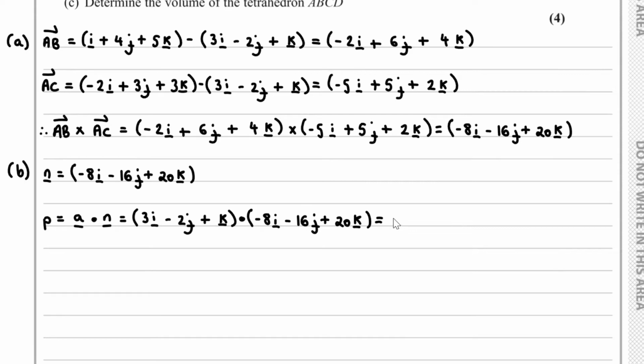And therefore, for the plane pi, we have r dotted with this normal vector, and the result of this is equal to 28.